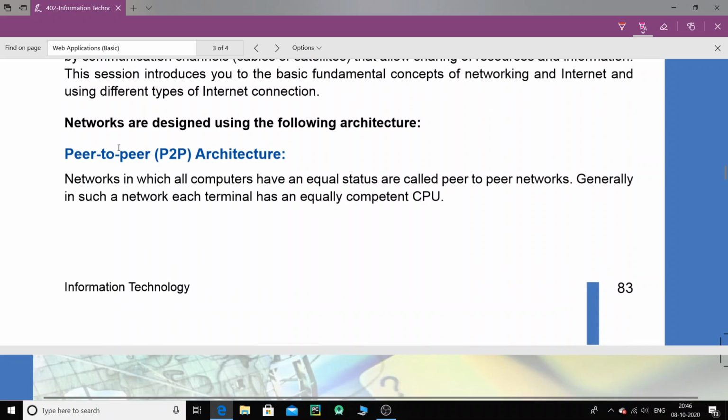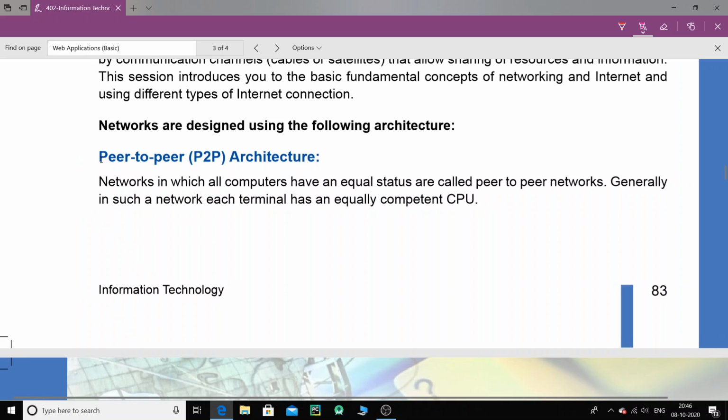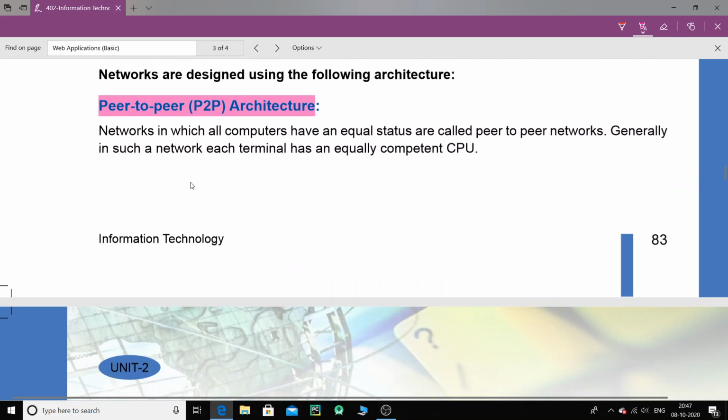Then the networks are designed using the following architecture, that is peer-to-peer architecture. I had recorded a very good video for this too. So what is peer-to-peer? Peer-to-peer means equal of equal.